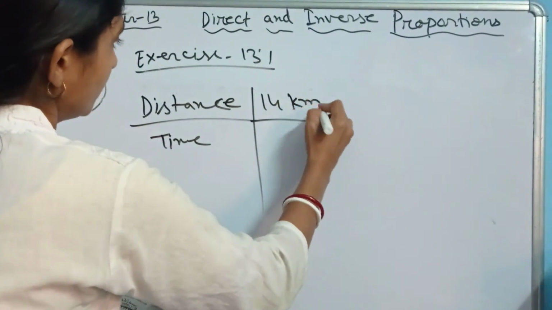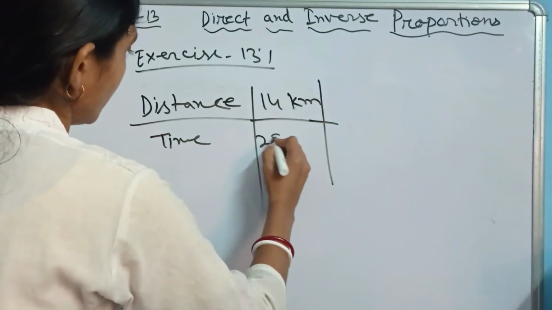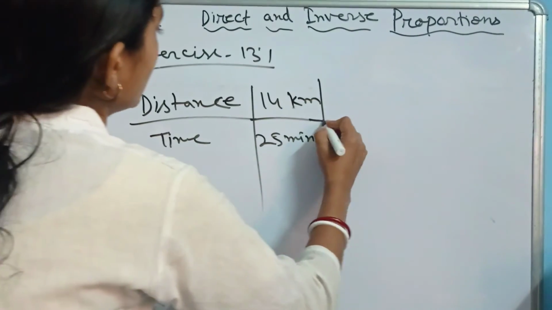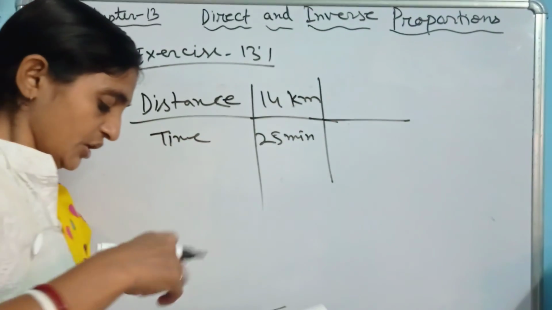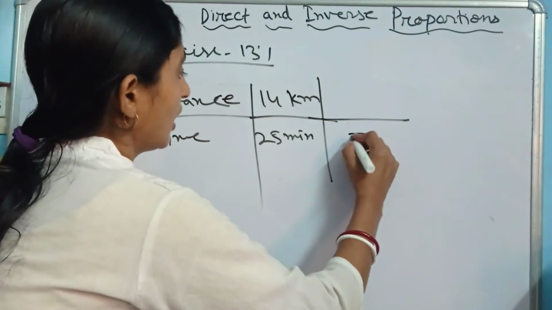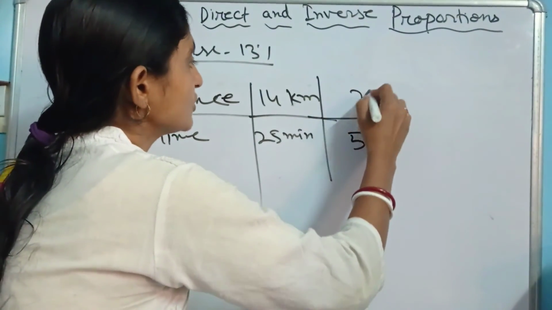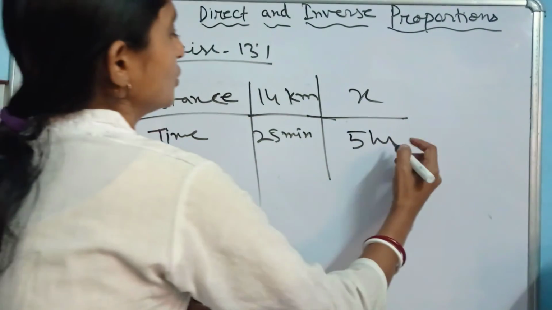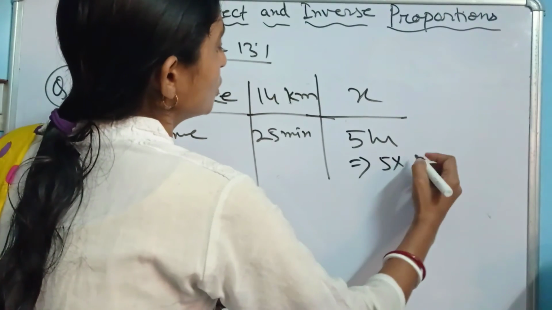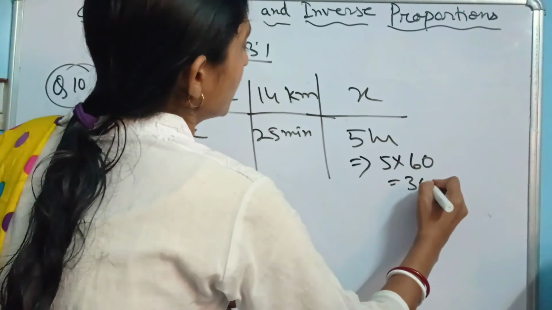In the next situation it is moving at a uniform speed and has taken 5 hours. How much distance will it cover? So what we have to do? Let's change this unit to minutes. If I change this to minutes, it will be 300 minutes.